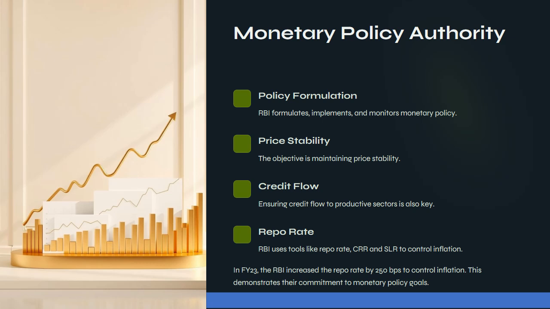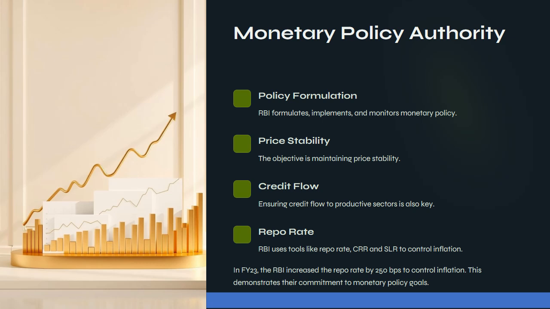The next one is credit flow. What does credit flow tell us? Ensuring credit flow to productive sectors is very essential, which means the RBI is always ready to promote and ensure that credit flows to productive sectors.